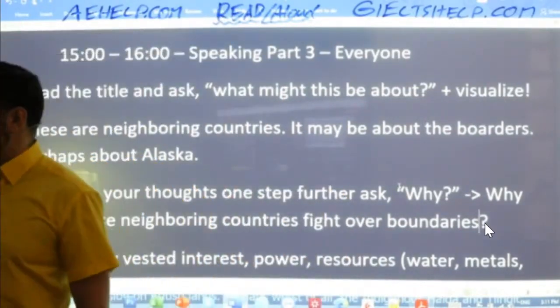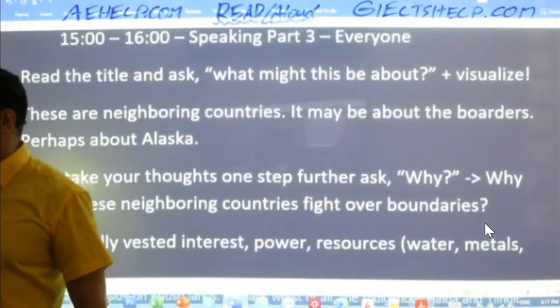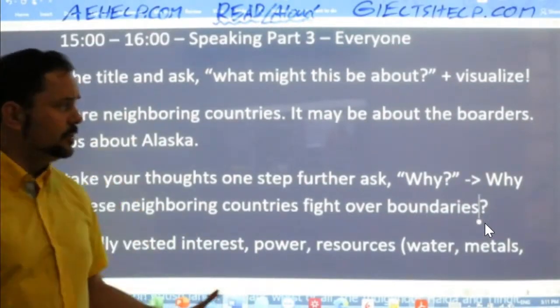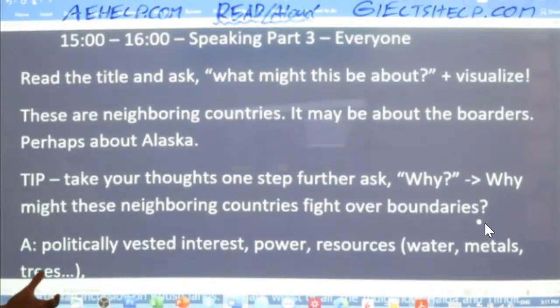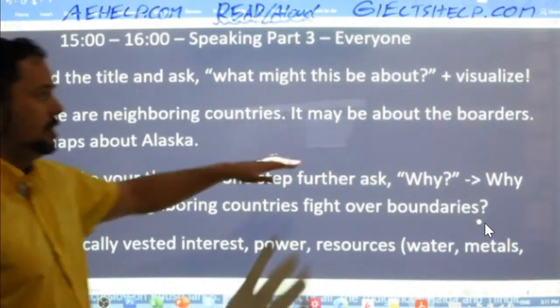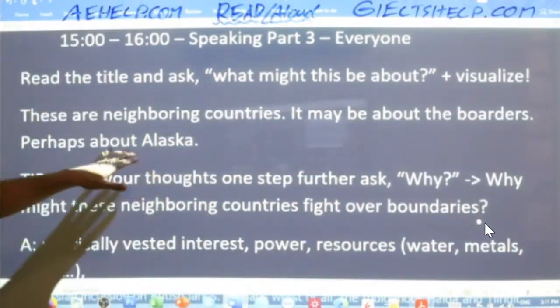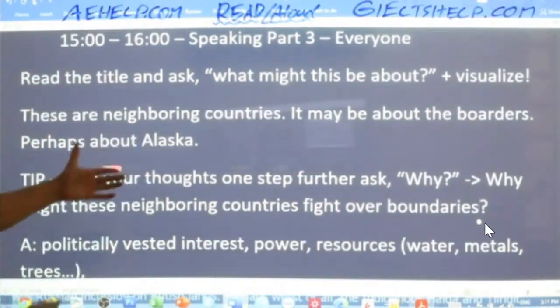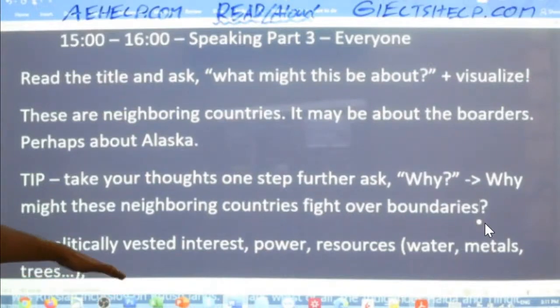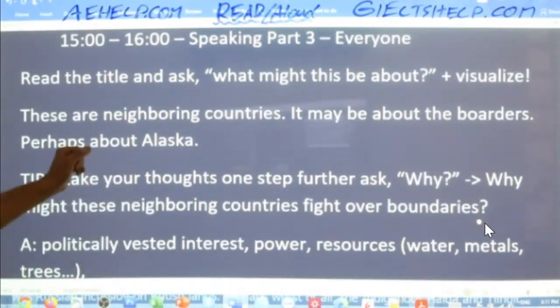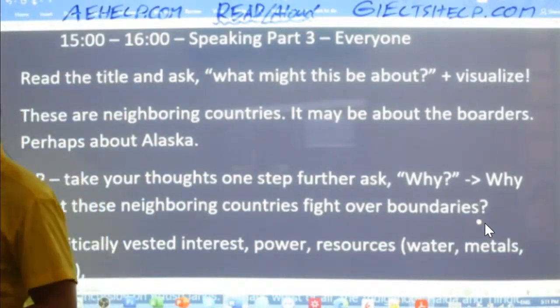All right. So when you read this title, you want to think, okay, here are two countries. They're beside each other. Why are they fighting? Something about borders, probably. Maybe something about an area of land like Alaska. They're fighting because of natural resources, power position, some kind of political interest.